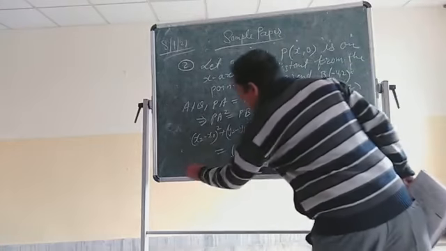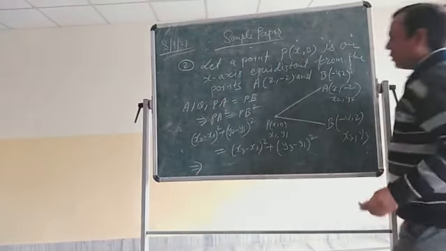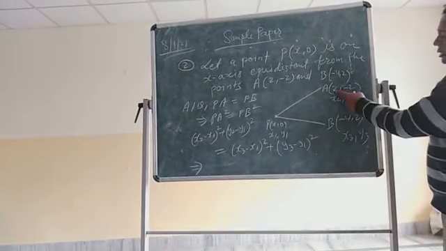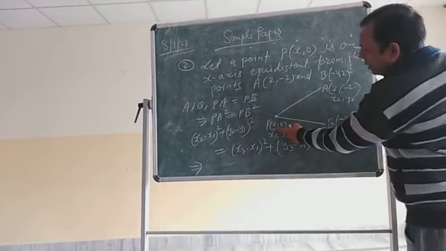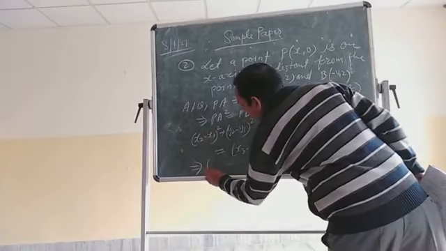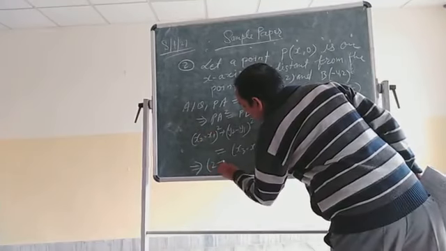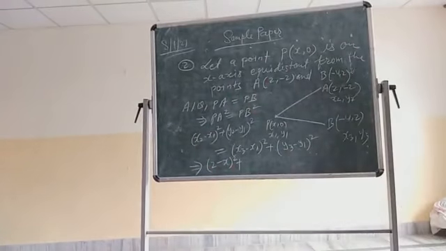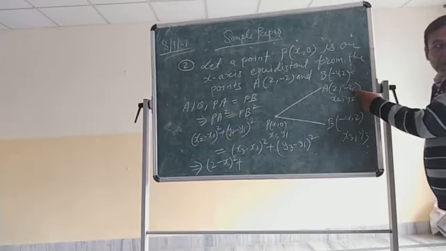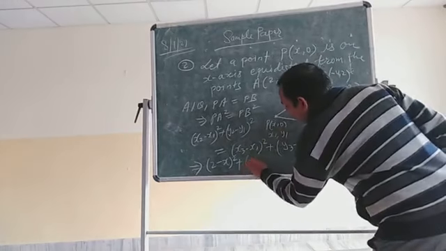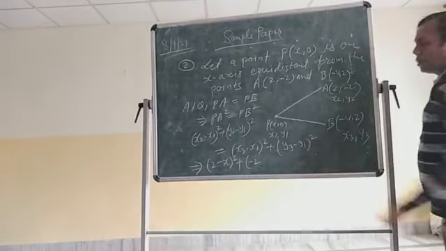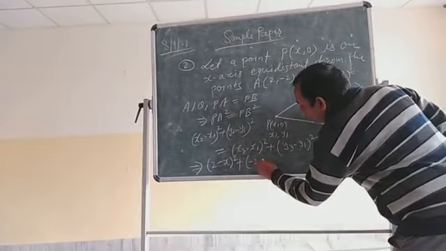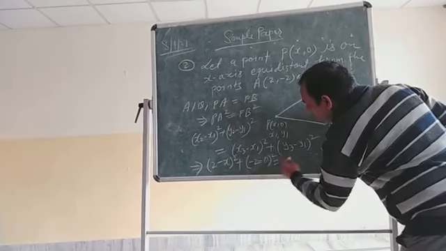See, what is the value of x2? You will see this is 2 and this is x. So you write (2 minus x) whole square plus (y2 minus y1). y2 is minus 2, so write minus 2, and y1 is 0, minus 0 whole square, equal to.